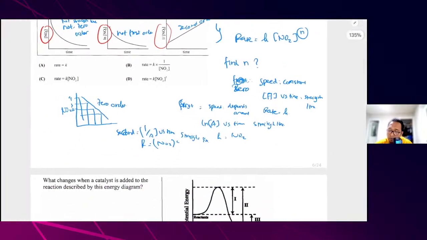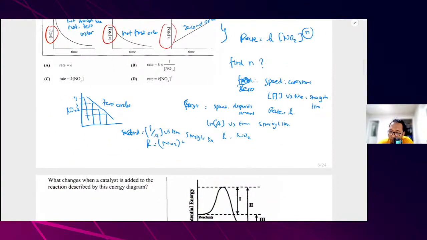So if we have a question like this and I don't remember the concept of the graph, what can we do? All right, let's pretend we have some numbers over here.